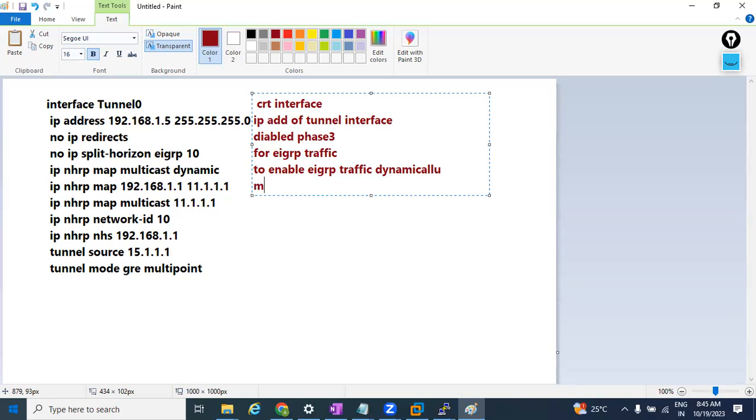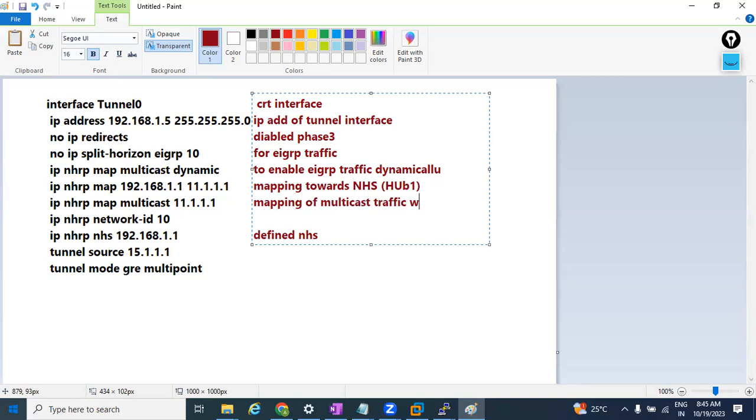Okay. After that, this is the mapping of what? This is now the map here, but before that, this first defines the NHS. Then this is the mapping towards the NHS here. Now, who's my NHS? Hub 1 is my NHS here. This is the mapping of multicast traffic with hub 1.